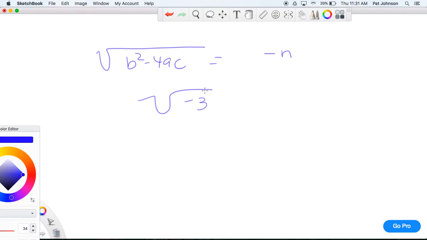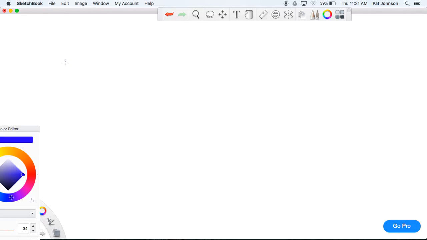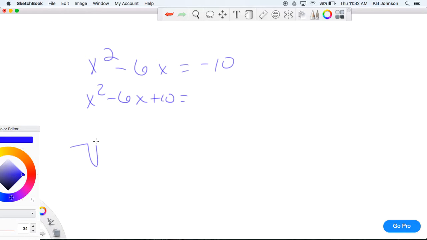So what do I mean by that? Let's look at one. If we take the example x squared minus 6x equals negative 10, I'm going to put this in standard form. A is 1, b is negative 6, c is 10.